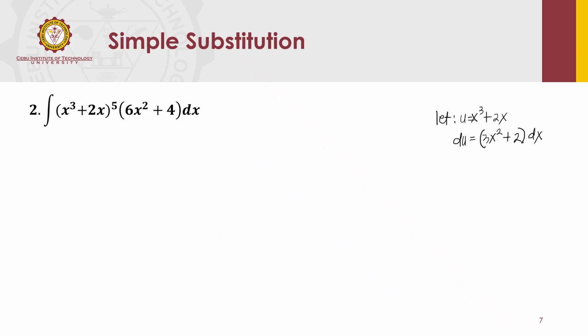There's no missing factor, unlike in number 1, where negative 3 was missing. Here, there's an excess. Let's write this first, and that 3x squared plus 2 comes from the 6x squared plus 4.